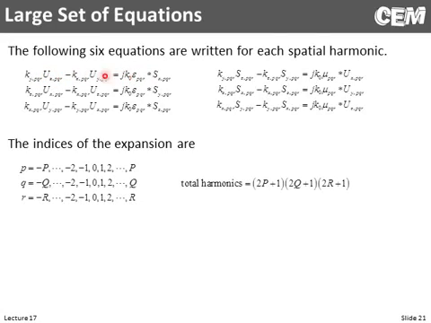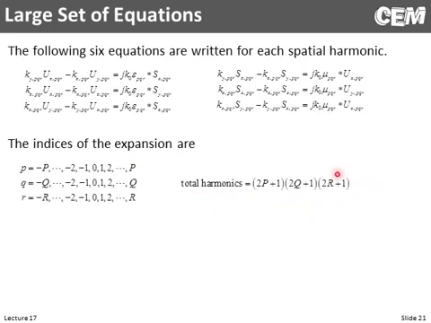This equation needs to be written once for every possible combination of P, Q, and R. And here's how we're defining P, Q, and R. We always have an odd number of harmonics along each direction. So we'll call this first direction X, and we'll define a capital P. These are integers that go from minus P through 0 up to positive P. For example, this might go from minus 11 all the way up to positive 11.